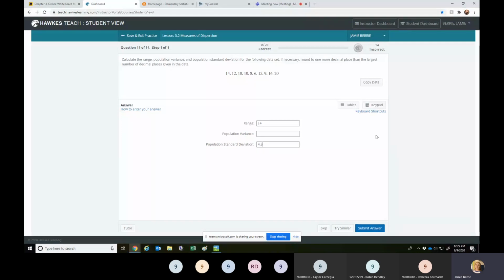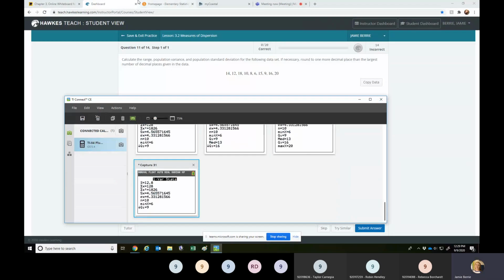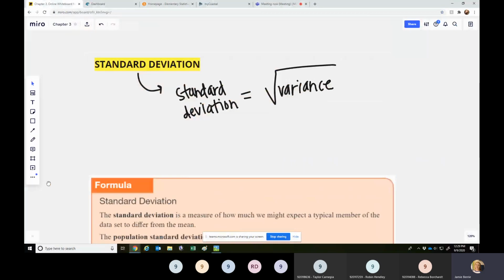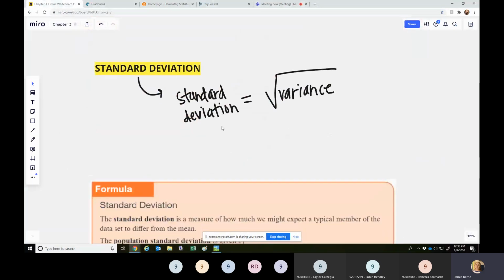My bad. Now, for the variance, if you remember, let me go back to our whiteboard. The variance, if we just use some stuff from college algebra or from whatever last algebra class you took, this relationship here implies the following. This tells us that the variance is going to be equal to the standard deviation squared.